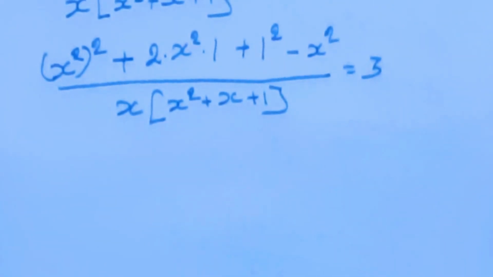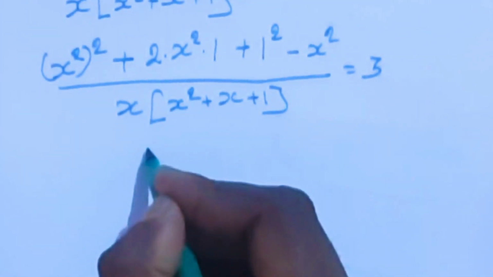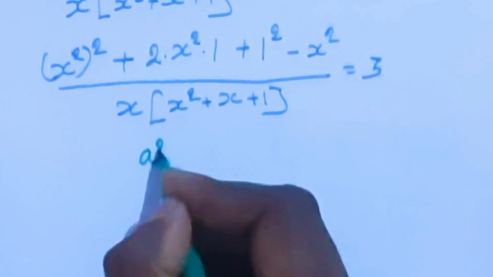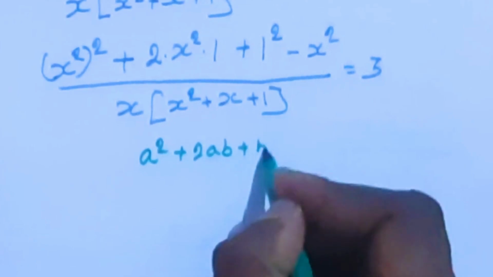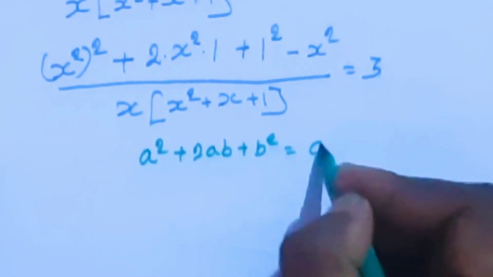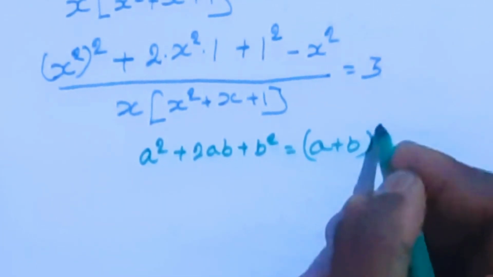Now we are going to apply the algebra formula: a^2 + 2ab + b^2 = (a + b)^2.